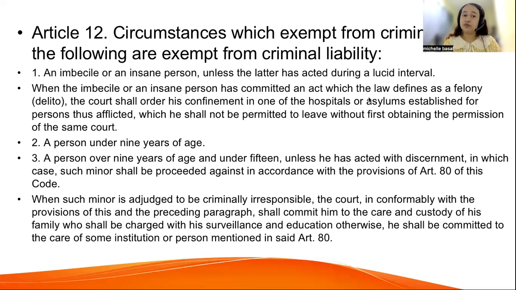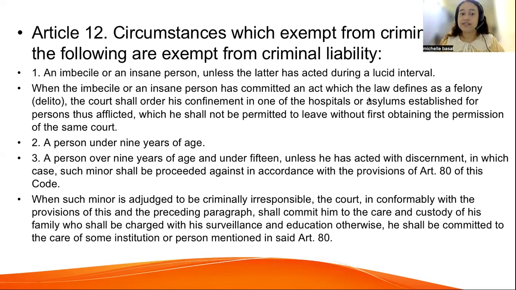So, Section 2 of Article 12, a person under nine years old. You will probably still see this in the revised penal code. But with the enactment of the Juvenile Justice Welfare Act, the age of criminal liability has already been increased.